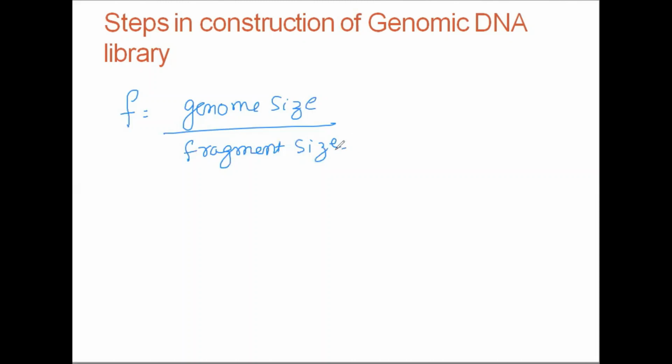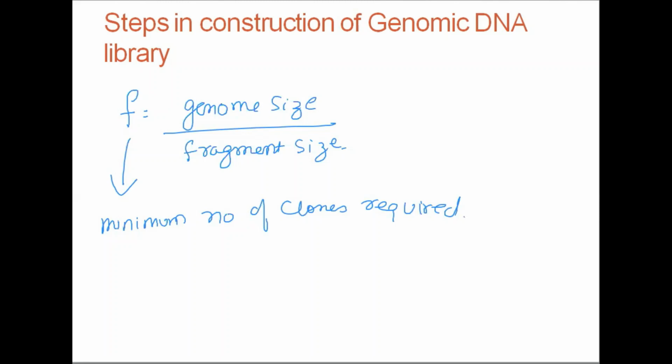For cloning, whatever fragment you're using, that size will give you the minimum number of clones required. So this F means minimum number of clones required. Okay, this is one formula.